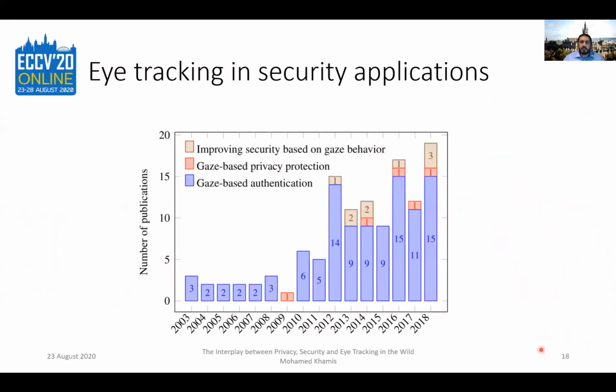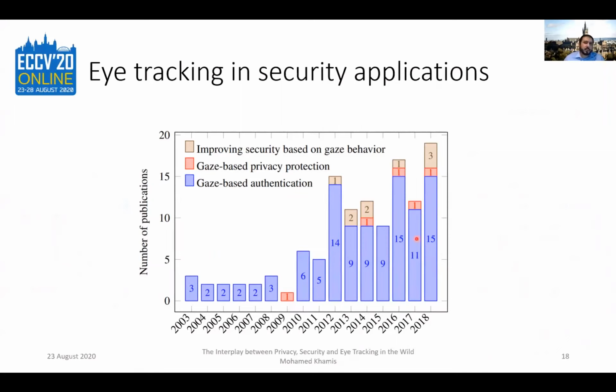couple of years, there has been an increasing use of eye tracking in security applications. So here is a figure that shows the number of papers published every year about eye tracking in security applications. And the blue ones are the ones that involve authentication. So authentication using eye gaze, be it biometric authentication or password-based authentication or knowledge-based authentication.